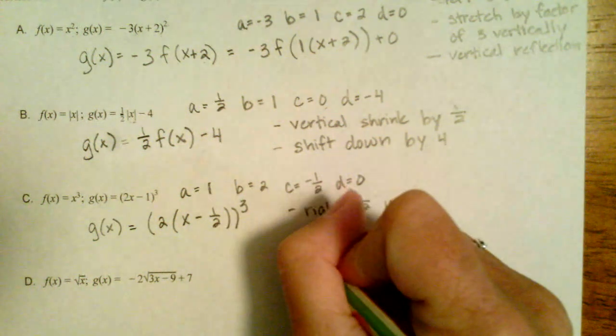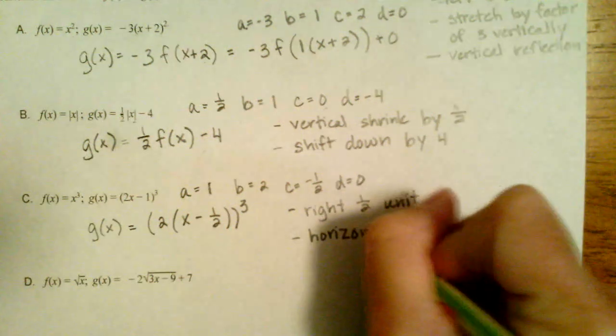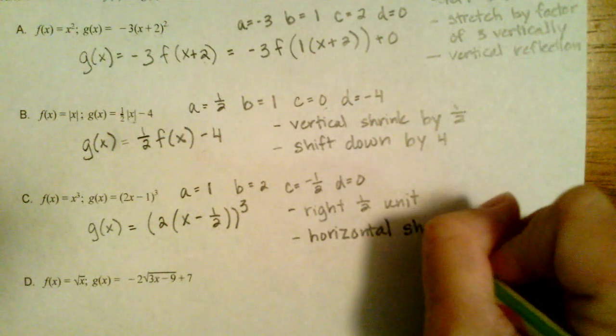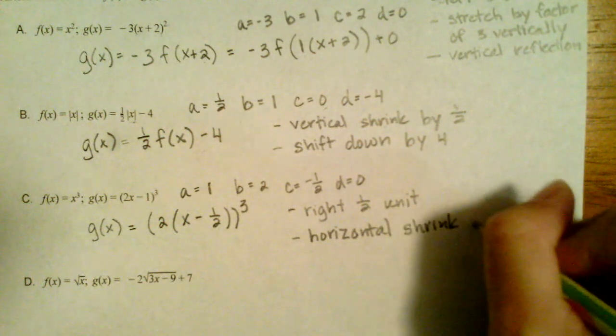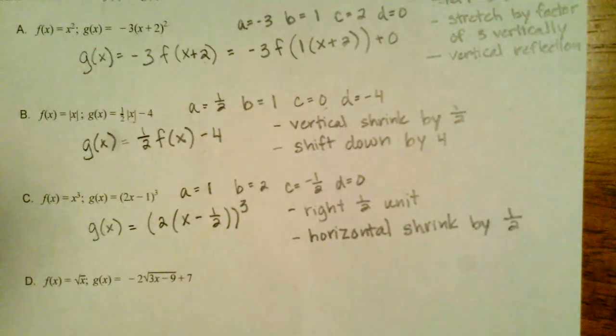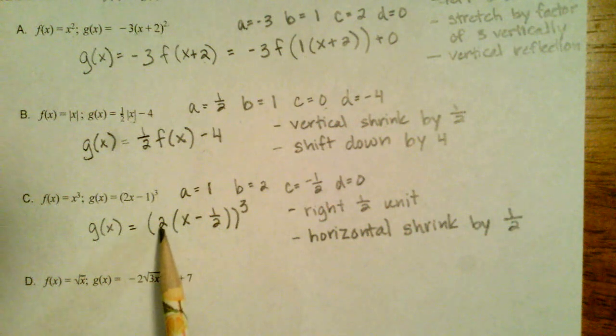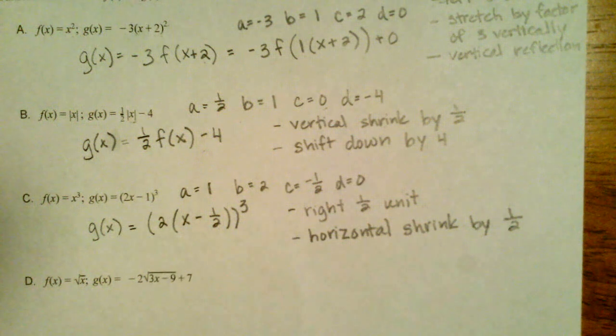And then I am going to have a horizontal shrink by 1/2. I know it's by 1/2 because my horizontal shrink or stretch is always the reciprocal. So the reciprocal of 2 is 1/2.